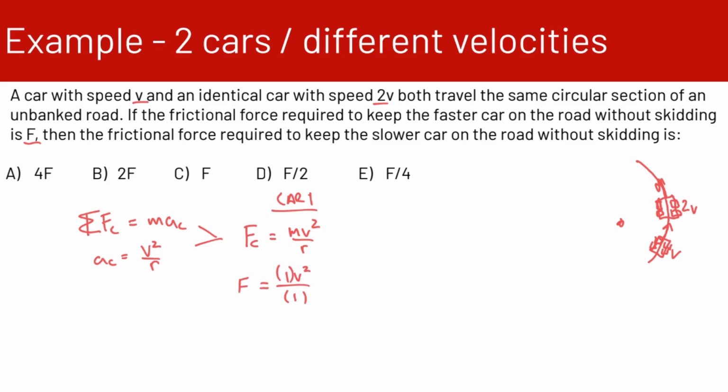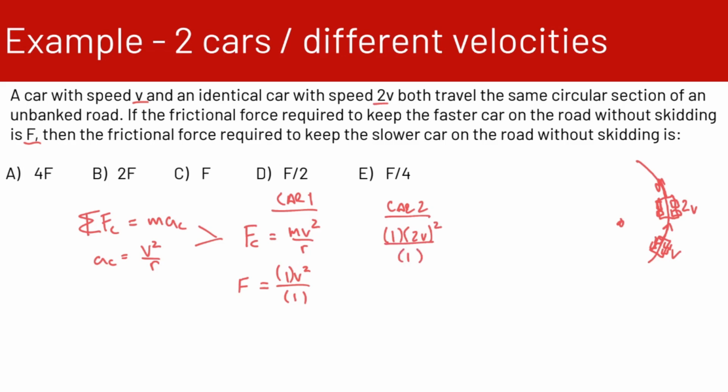Now for car 2, we want to know what F equals. The mass stays the same, the velocity is 2v and that's squared, over a radius, which stays the same.